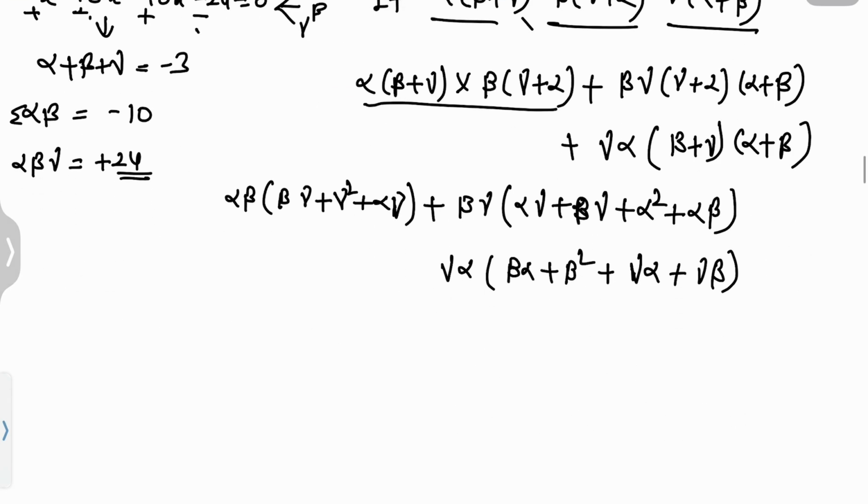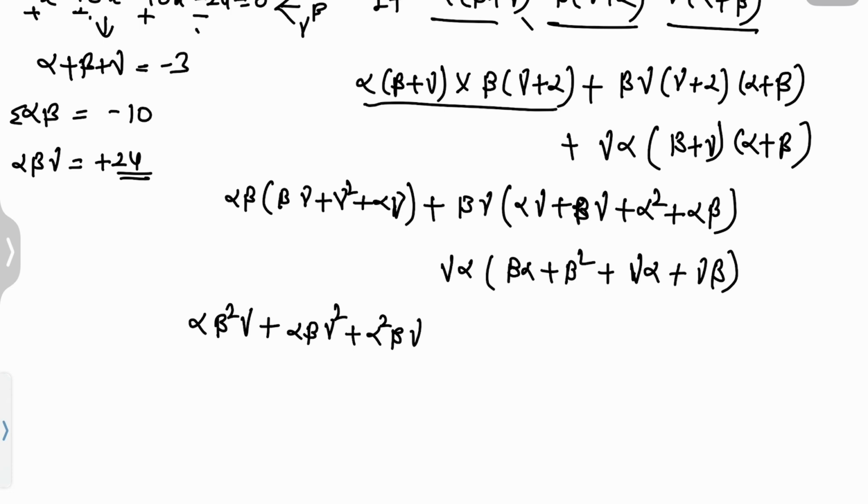Multiplying that gives alpha beta square gamma plus alpha beta gamma square plus alpha square beta gamma.